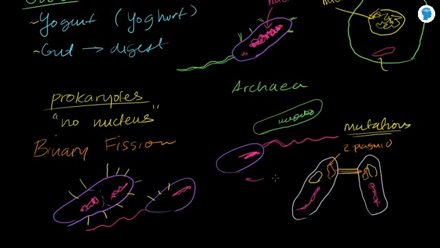You could also have these things called transposons, and I should make a whole video on this because we have transposons too, but they're parts of DNA that can jump from one fragment of DNA to another, and these can also end up in the other one. So it's not formal sexual reproduction, but you essentially have a connection, and these bacteria are constantly swapping DNA with each other, and DNA is jumping back and forth. So you can imagine that all sorts of combinations of DNA happen even within what you used to call one bacterial species, and very quickly it can turn to multiple species and become resistant to different things.